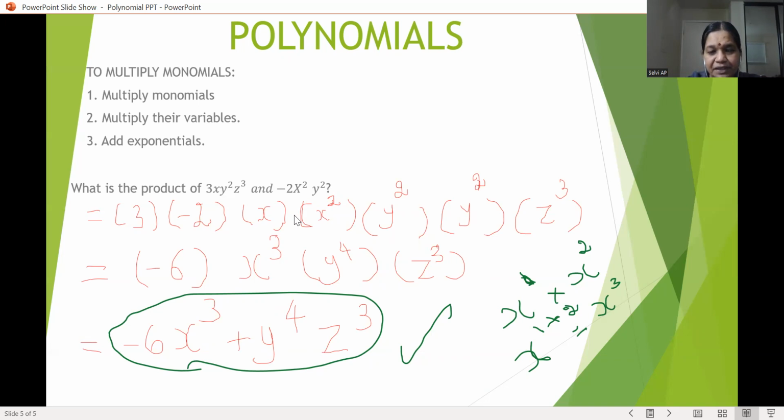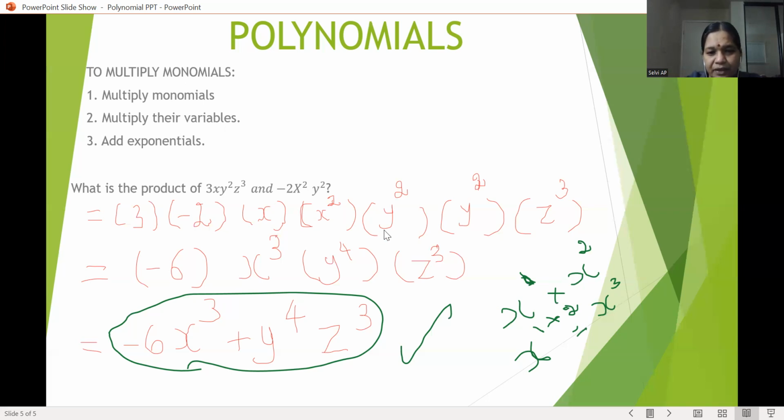Okay, when you do multiplication, you have to add the exponent value. Okay, so base value you can multiply, but exponent value you have to add it. So x into x squared, exponent value of this term is 1, another term is 2. So 2 plus 1, 3. So x cubed.